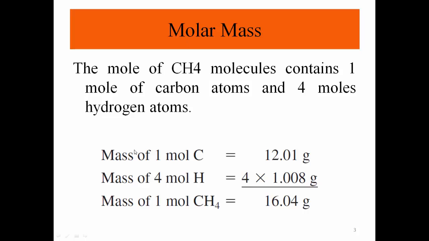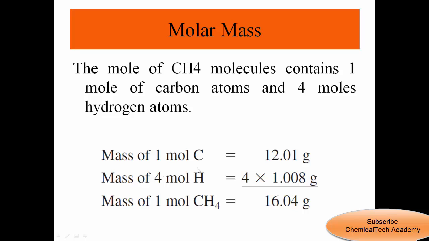4 hydrogen. So it means that in 1 mole of methane we have 1 mole of carbon and 4 moles of hydrogen. So what is the mass of 1 mole of carbon? It's going to be 12.01 grams, which is the atomic mass of carbon, which we can read from the periodic table.